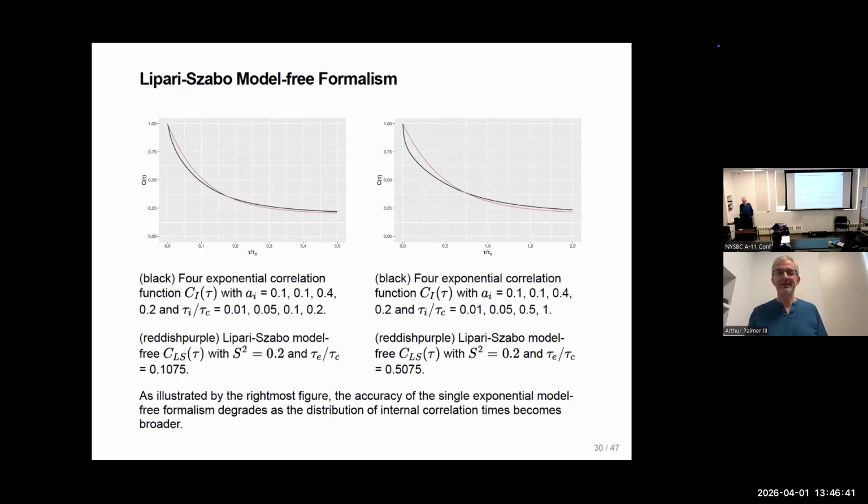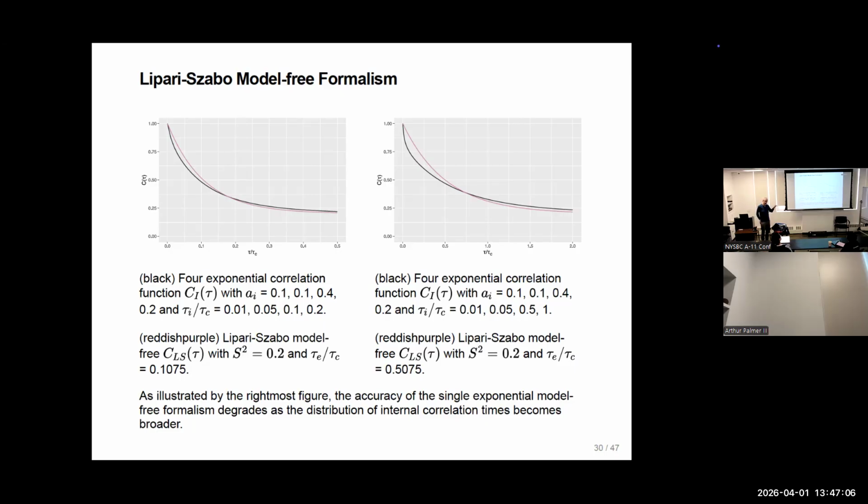So here's just to give you an example, here are 4 exponentials, something that's the sum of 4 exponentials. And on the left, the exponential time constants are all pretty fast. Black is the exact calculation, and pink is a Lipari-Szabo approximation. And you can see the approximation is pretty good.